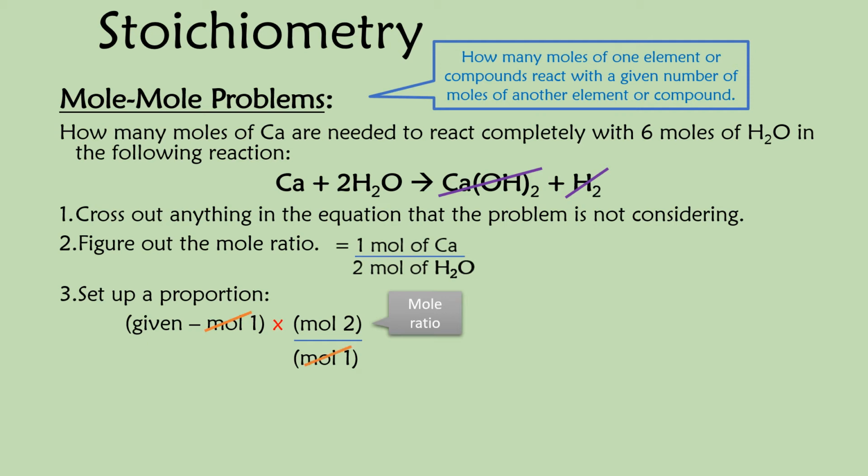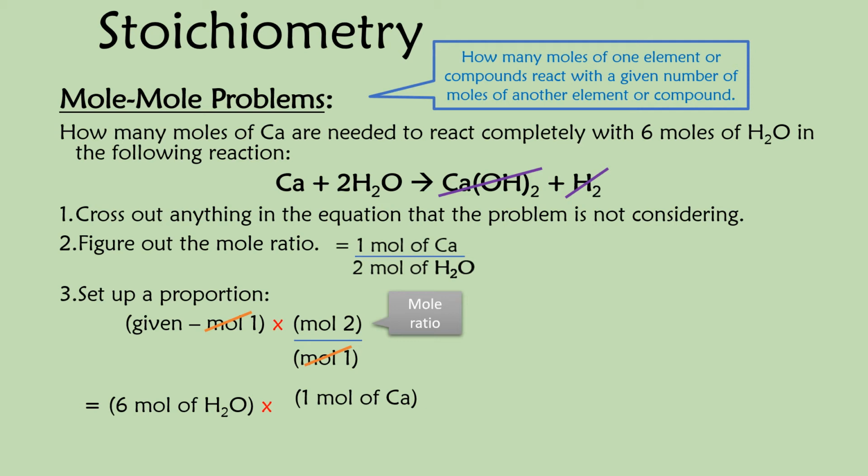In this case, we are given the moles of the water. So we start with that. We have 6 moles of water and we multiply that with the mole ratio. Now, when I am multiplying this with the mole ratio, I want to make sure that I write 1 mole of calcium at the top because that's what I need my answer in.